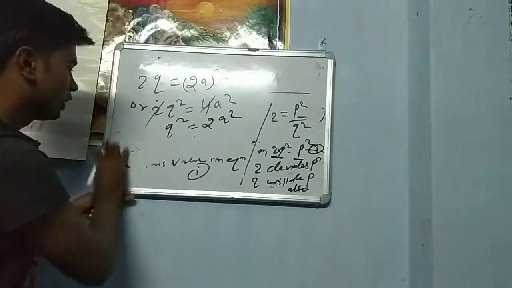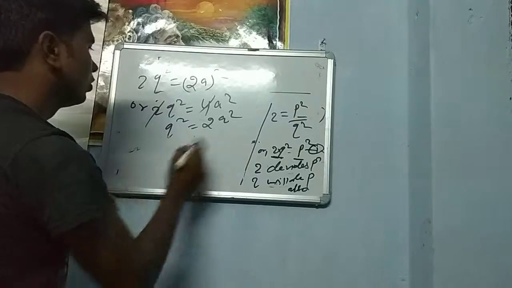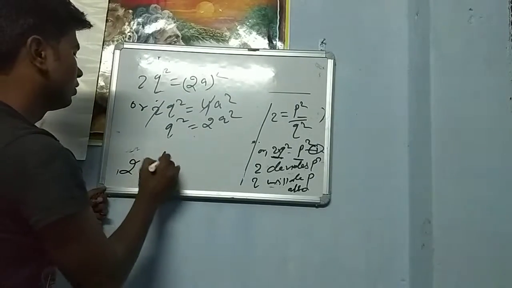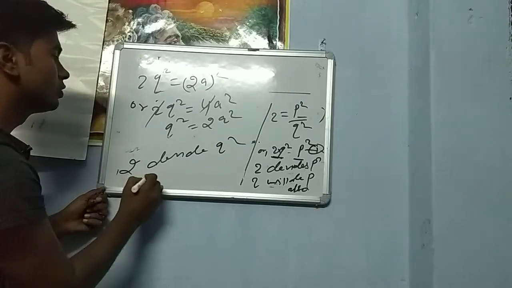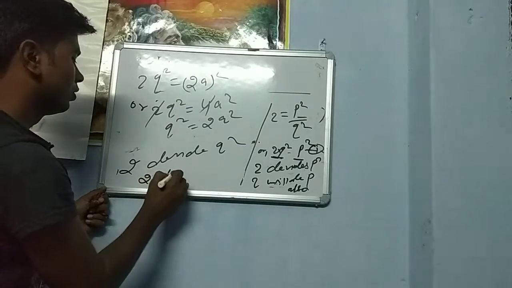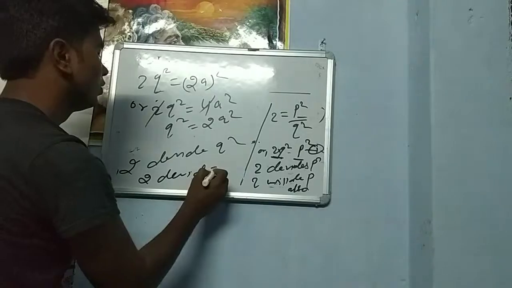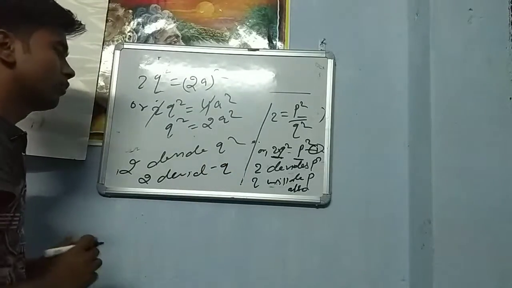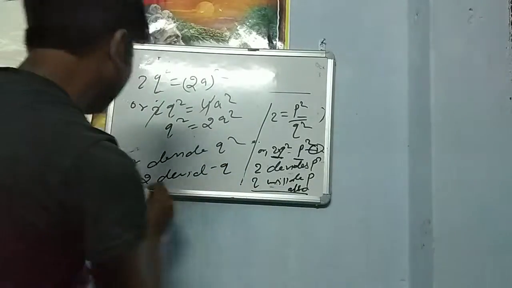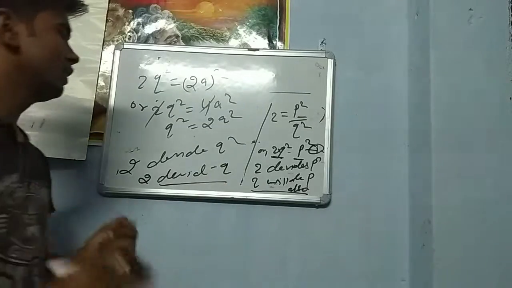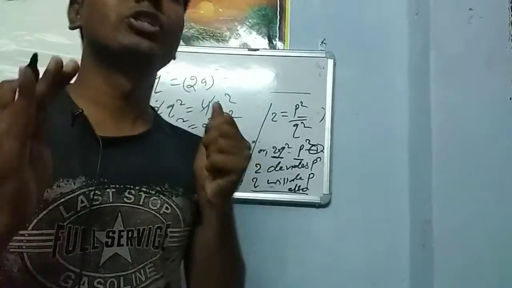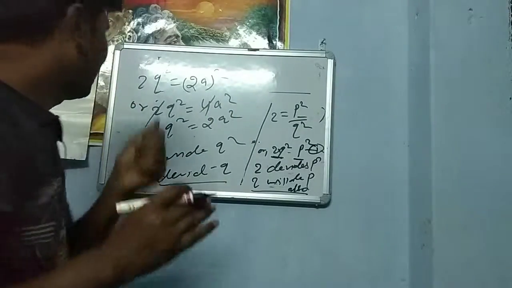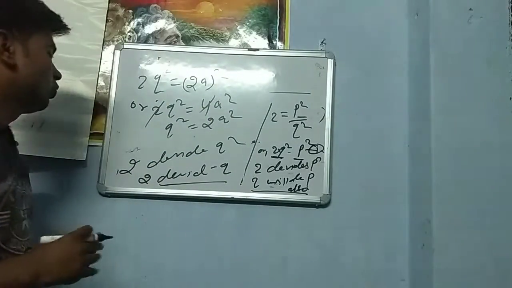Here again you can see 2 divides q square, so it obviously divides q. And again what we find, 2 divides p, 2 divides q. So it means that the factor of p and q is common, which is 2.